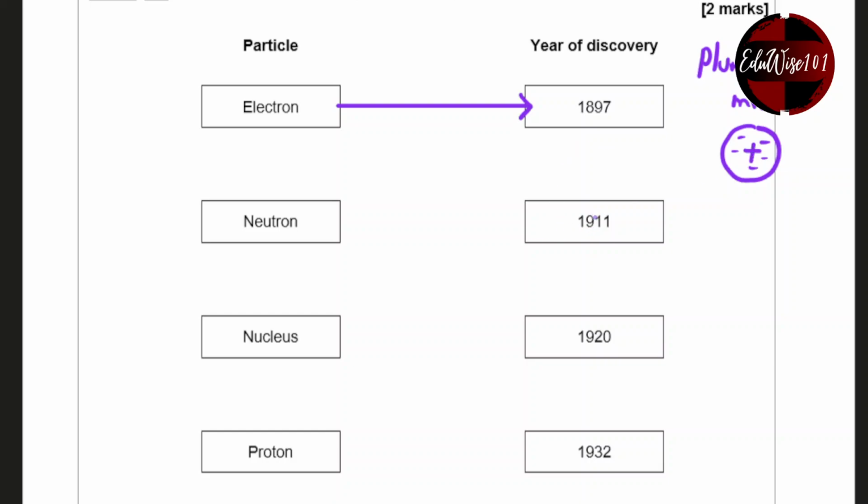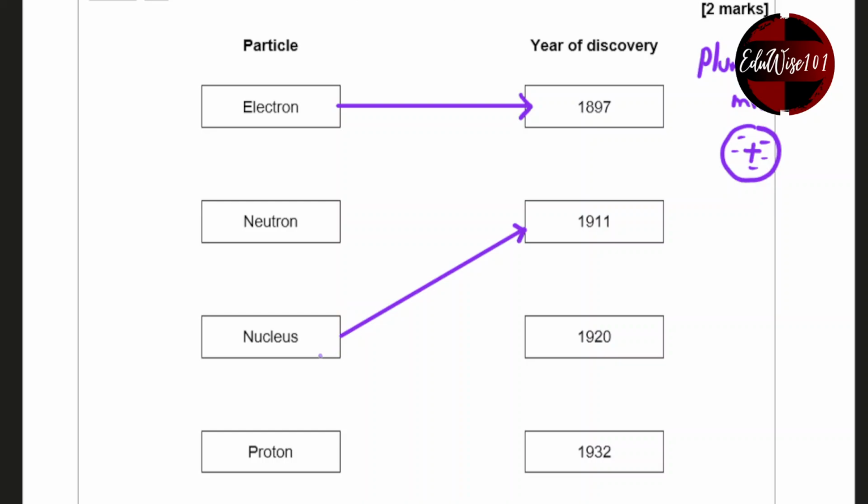Now, after that, the gold leaf experiment was conducted, which led to the discovery of the nucleus. The nucleus is the second structure, and that led to the belief that the atom is mainly empty space.